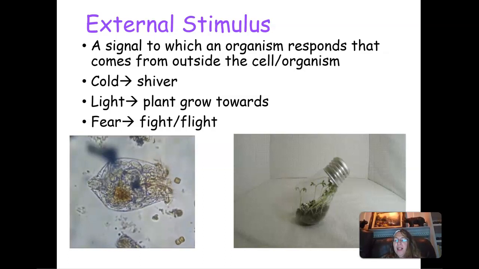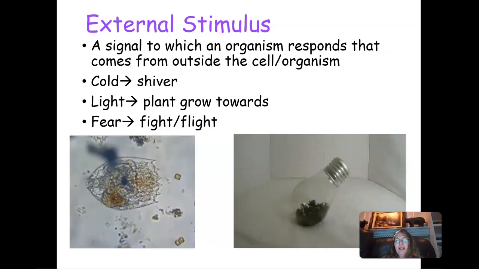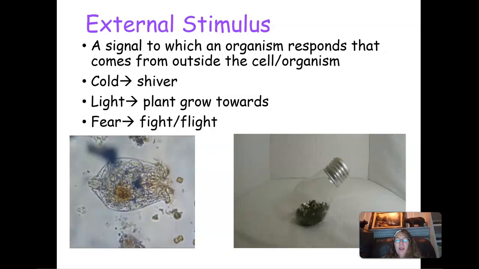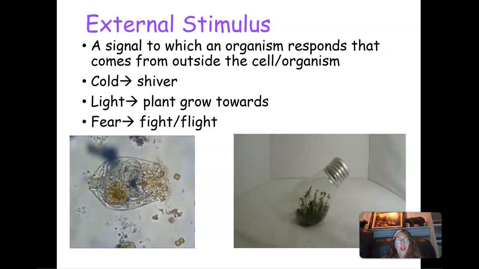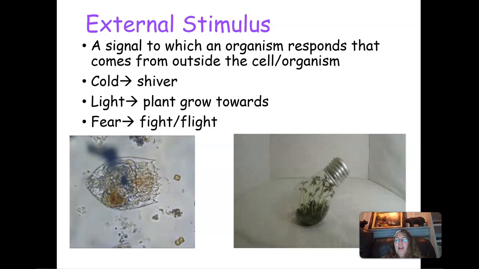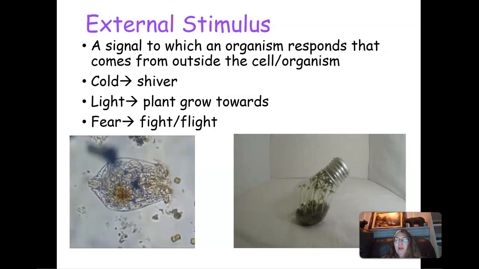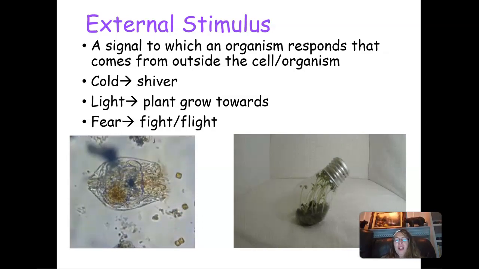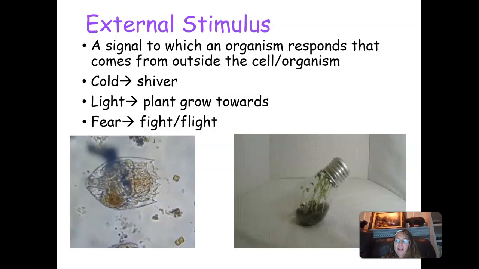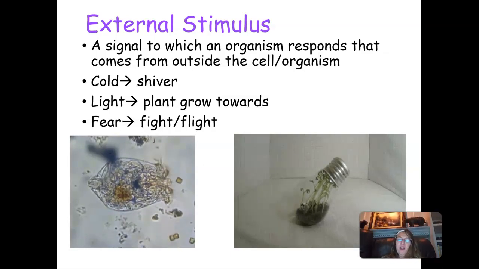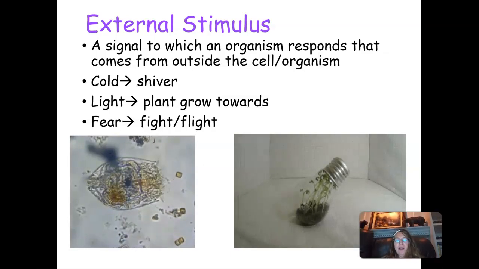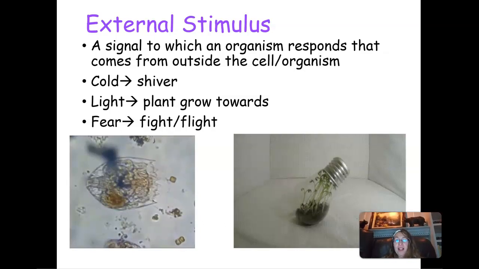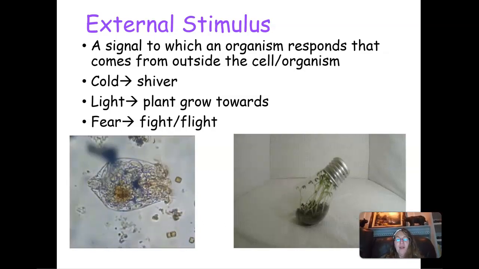On the bottom right, you can see that the plants are responding to where the sunlight is. We know where the sun is based on which direction the plants go. Funny enough, if we turned the light bulb around, the plants would then turn and move back to where the sun was coming from. Again, responding to something outside of the organism.